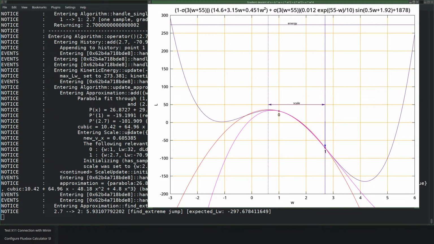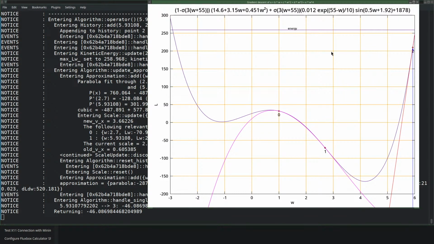That's interesting. I mean, I think... Well, you can already see where the next point is. It's 5.9, so here. So apparently the magenta 30-degree thing here is horizontally there. It goes like, I don't know, like this. So we're going to jump to that point now.